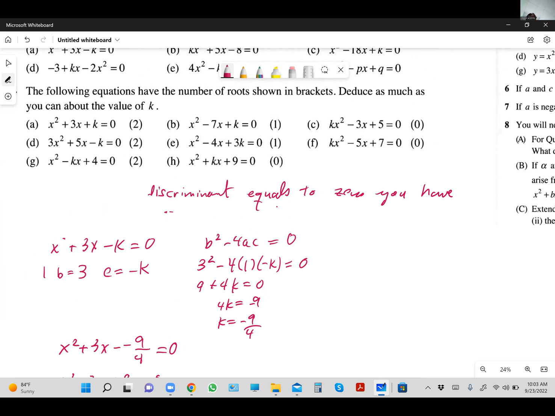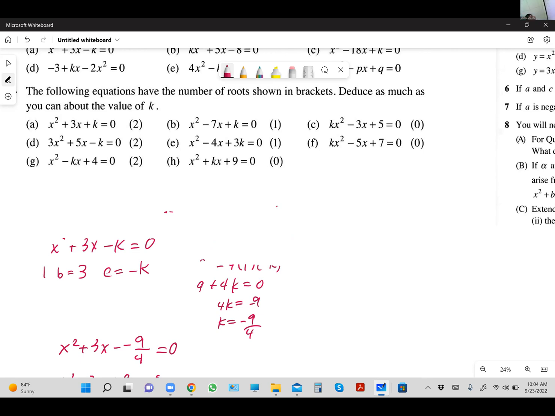In the case of 3, we just tried to figure out k for when there was going to be just one root, when b squared minus 4ac equals 0. But here, they put a 2 here, right? And so they're saying, find k such that you would have 2 roots. Does that make sense? So what does that mean? That b squared minus 4ac must be what?